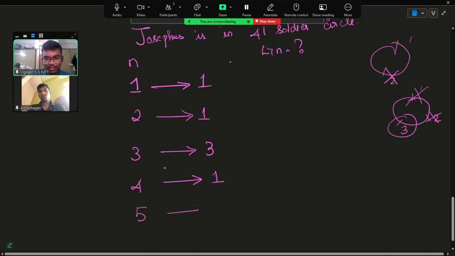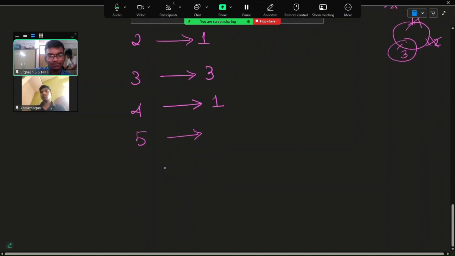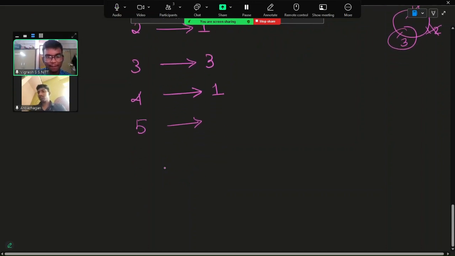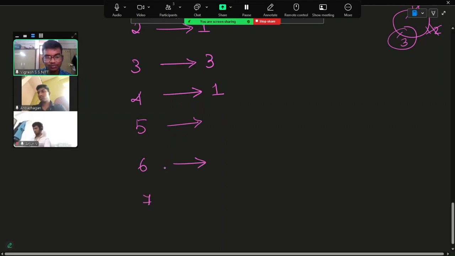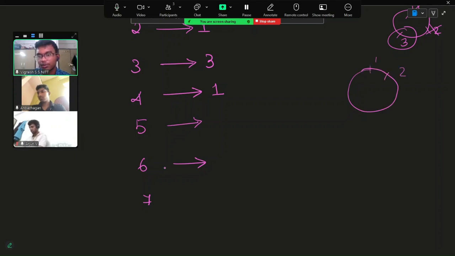For five, can you find the solution? I will write for you. One, two, three, 4, 5. In the first round, 1 will kill 2, 3 will kill 4, 5 will kill 1. Then 3 will again kill 5.